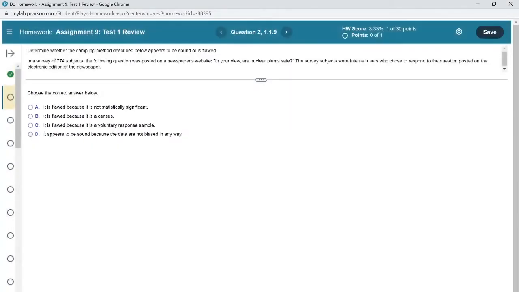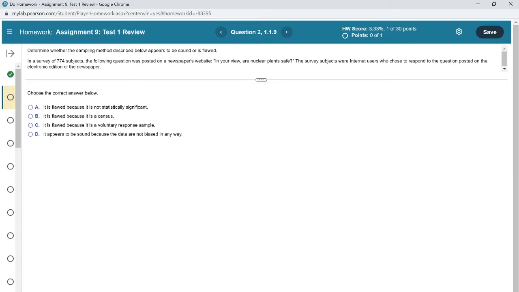Determine whether the sampling method described below appears to be sound or is flawed. So basically they are giving us a sampling method. We need to find out whether that is something fairly done or not. So let's read. In a survey of 774 subjects, the following question was posted on a newspaper website: in your view, are nuclear plants safe?